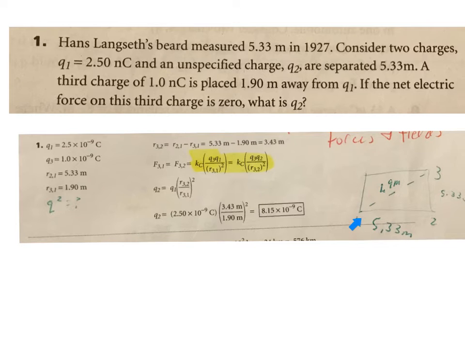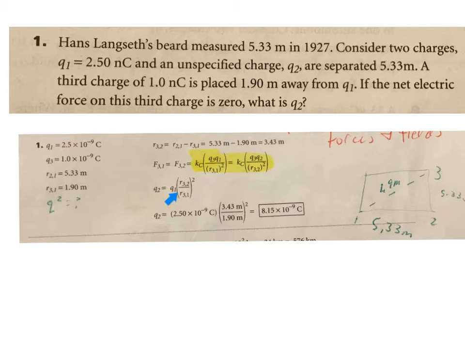So I drew that out over here and I labeled those 1, 2, 3. So our r1 to 3 is 1.9 and our r2 to 1 is 5.3. If I take the 5.3 minus the 1.9, then that's going to give me my 3.4. And that's where I got that number.